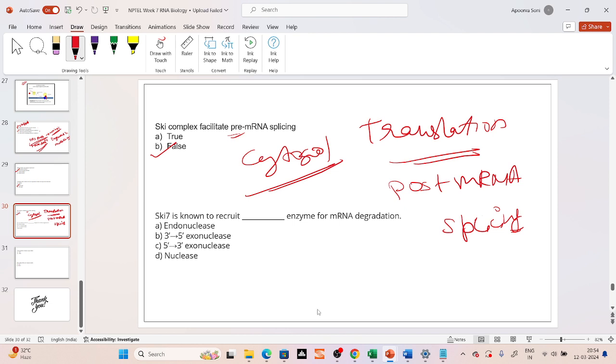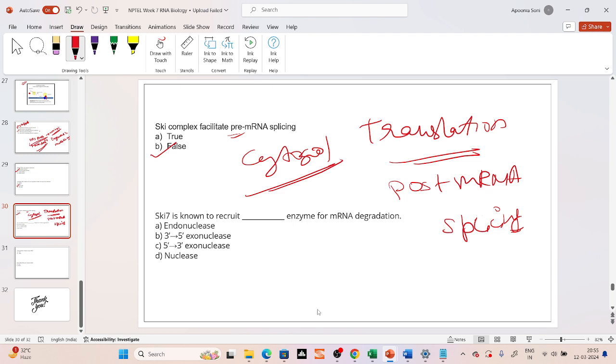But always remember that whatever kind of RNA it is, whether it is an mRNA or a tRNA, the processing of RNAs, the formation of a complete mature RNA, always happens in the nucleus. So whether it is a pre-mRNA or pre-tRNA, if it is not completely made, it will not come out of the nucleus. So it will never be pre, it will always be post only.